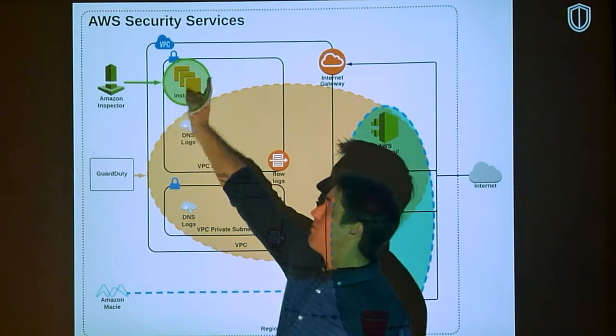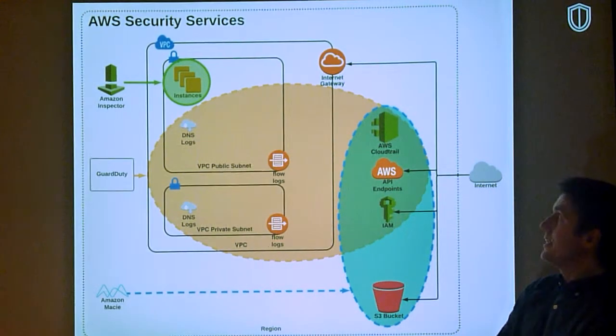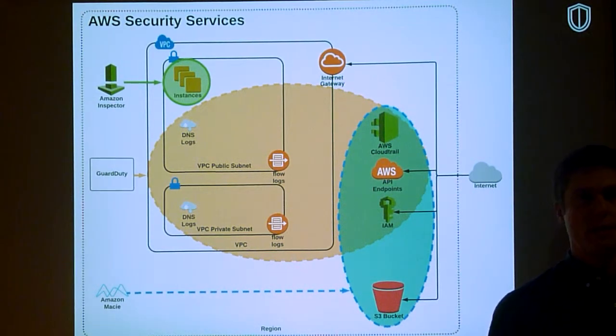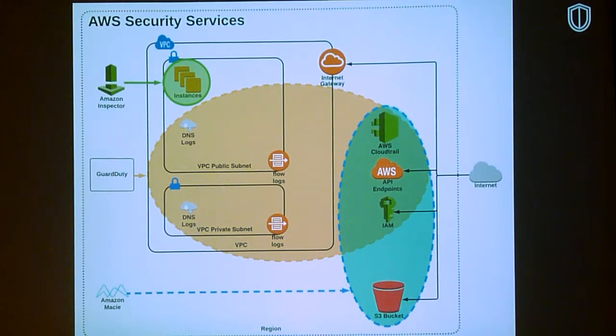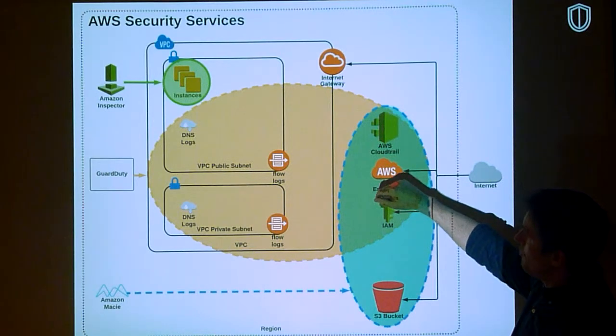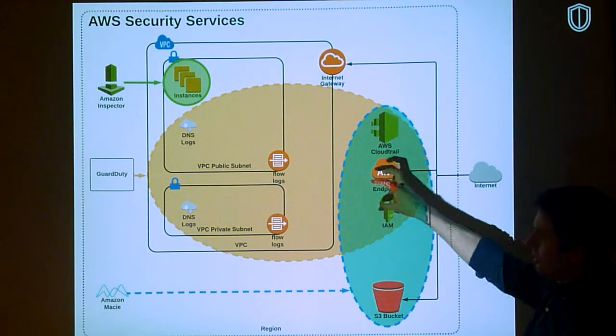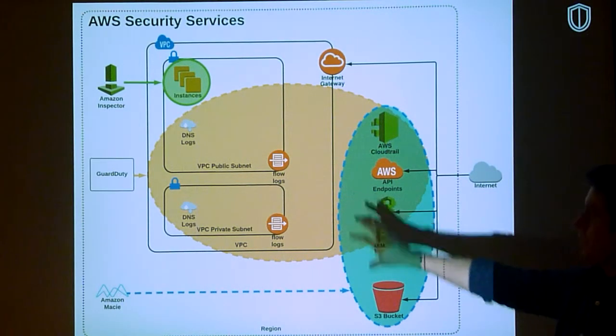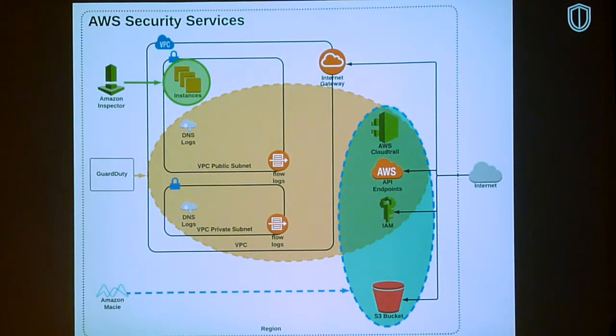And Inspector, off by itself, looks directly at the EC2 instances. That's how these three kind of connect and interact. So again, there is some overlap, like we discussed, between Macie and GuardDuty, but at the heart they are going after different things. Data for Macie, network and IAM activity for GuardDuty.